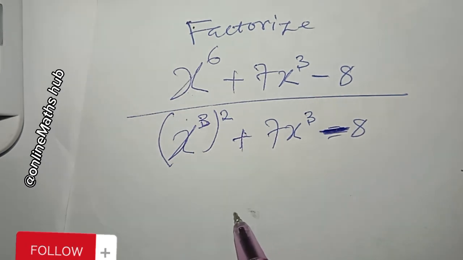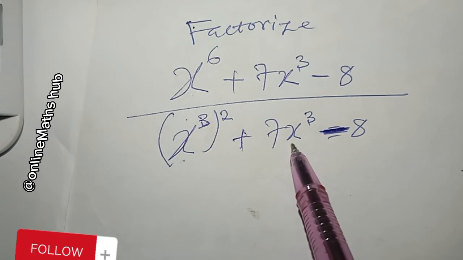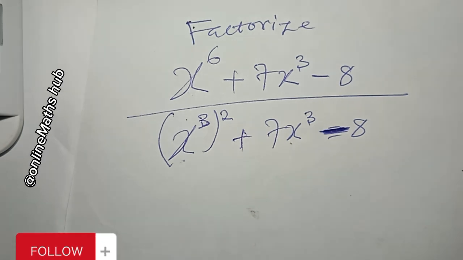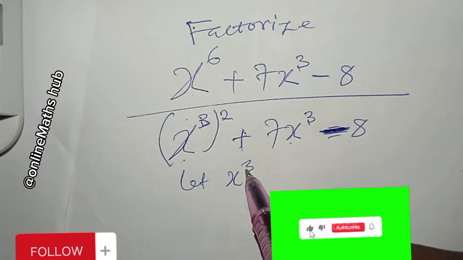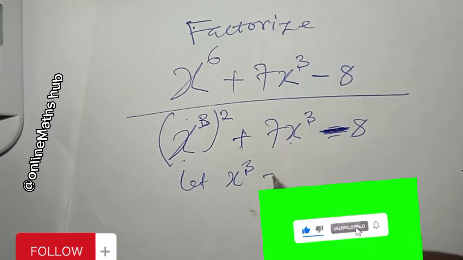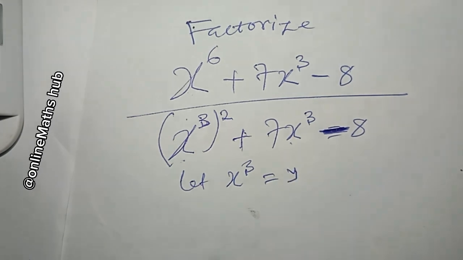What I want to do next is set this x power 3 to be another variable so that it becomes more convenient for me to solve. Let x power 3 be equal to y.